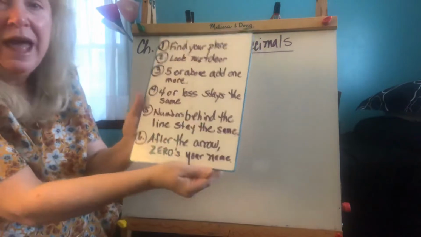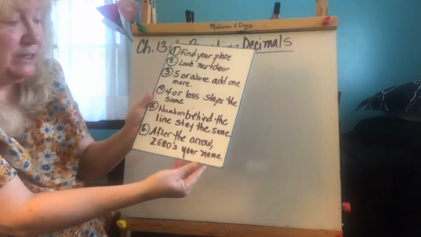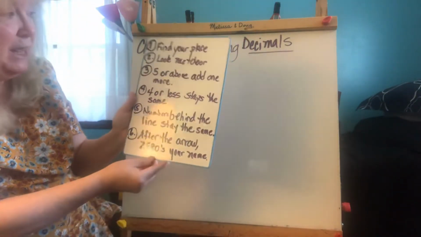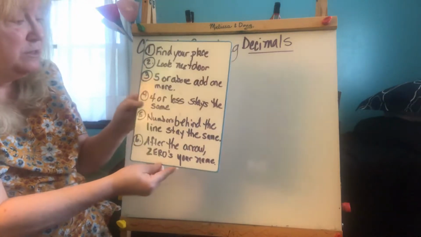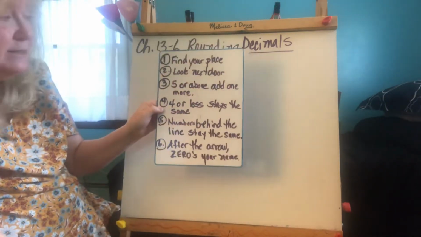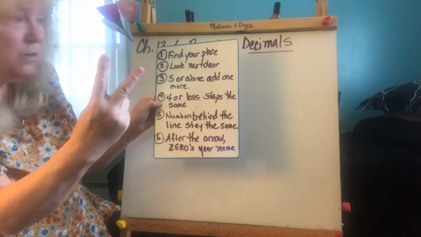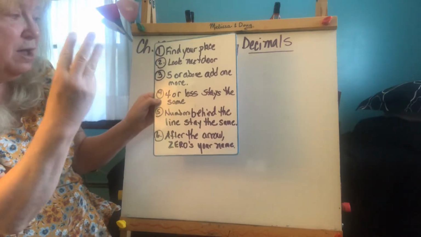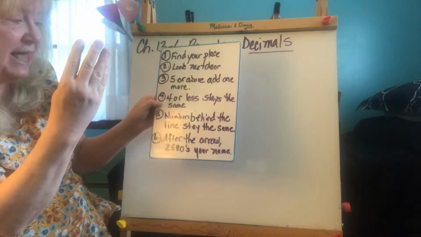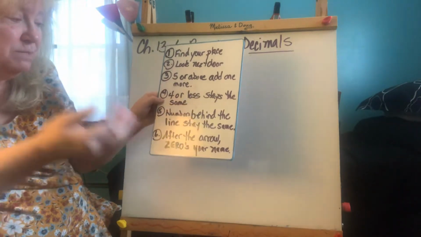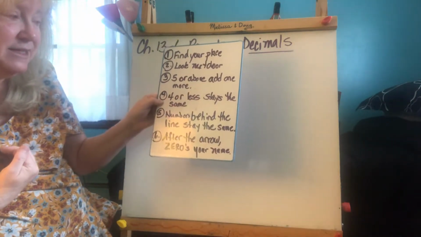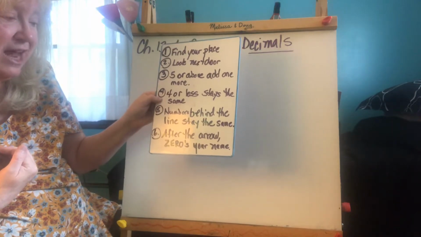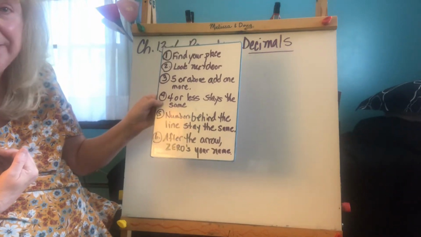Okay, so you have your rules for rounding in front of you in your notebook, but it's very easy. The first step says find your place, look next door, 5 or above, add 1 more, 4 or less stays the same, numbers behind the line stay the same, after the arrow zeros your name.